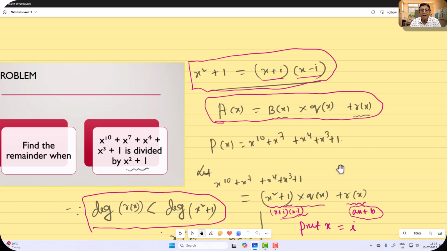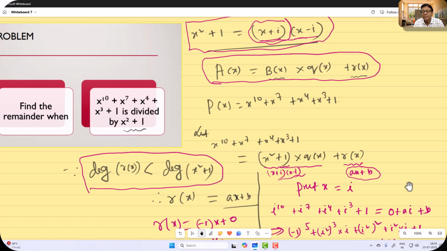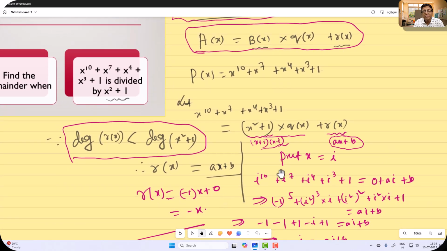And whenever you are going to divide, you will take advantage of this factorization. You will be putting these values only over there, x equal to minus i or x equal to i or both. I have to get a and b, no? Then only can the remainder be found out. So let us put x equal to i over there. Then the remainder will be what? This part will be 0, a into i plus b here, and if you put x equal to i here: i to the power 10, i to the power 7, 4, i cube, 1 equals this.